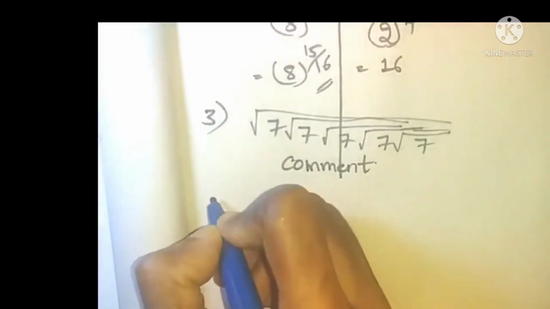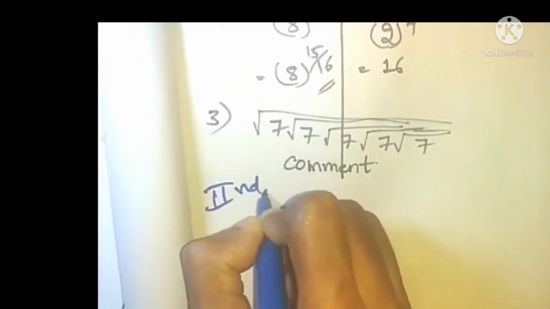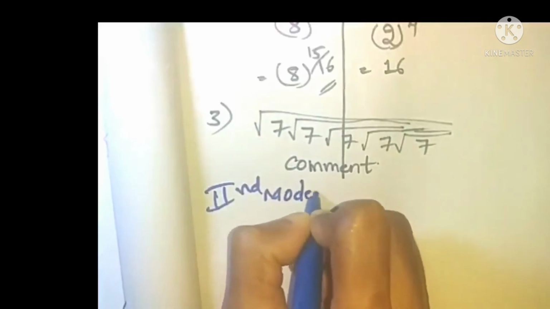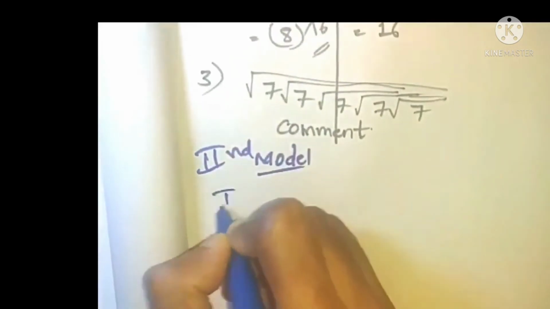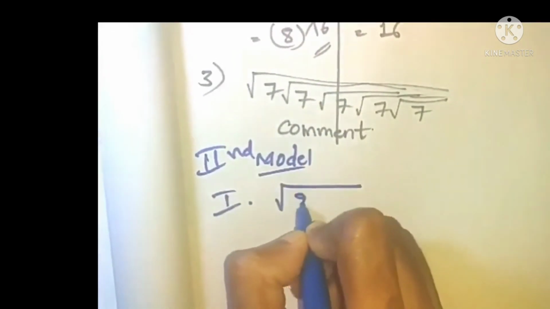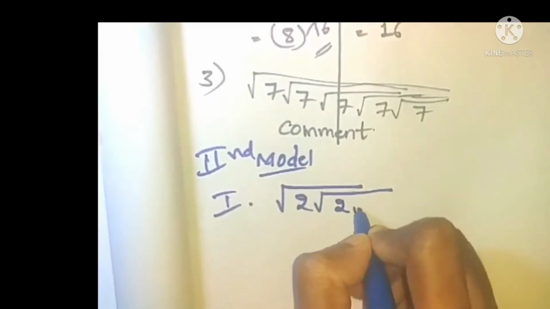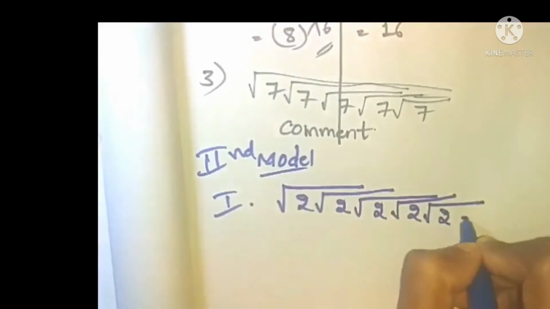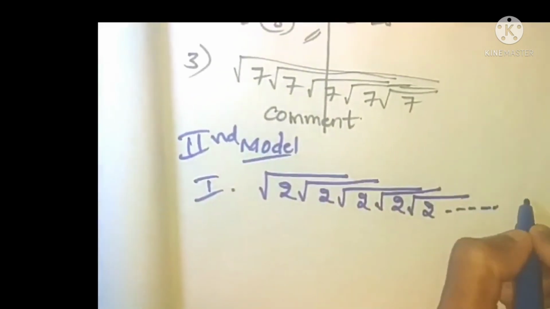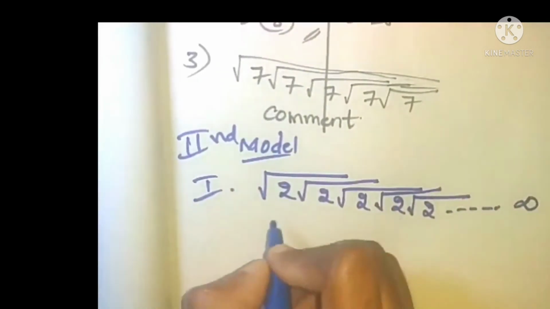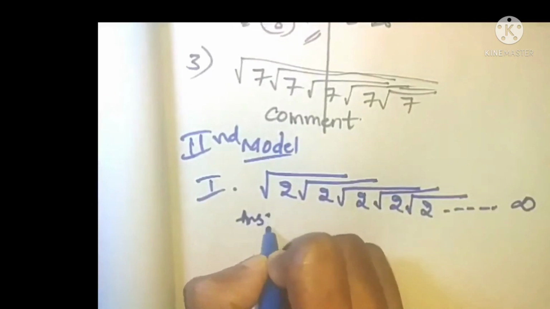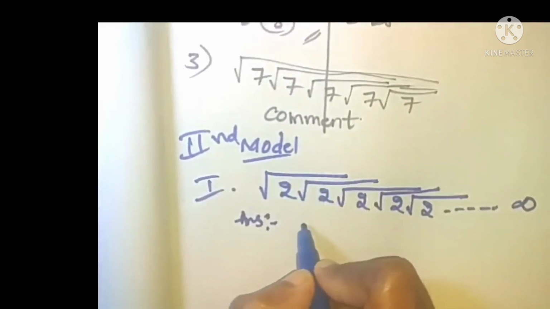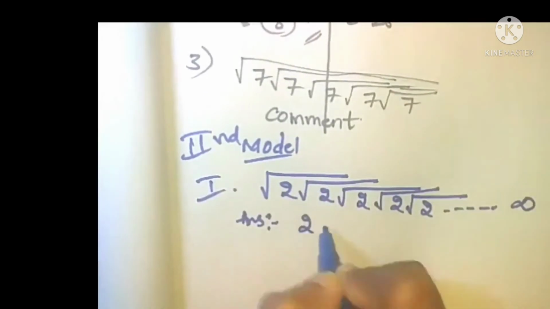Now the second model. What if it is under root 2, under root 2, under root 2, under root 2, under root 2, and so on like this, and it ends with infinity? What is our answer? Within a fraction of a second we can say that the answer is 2.